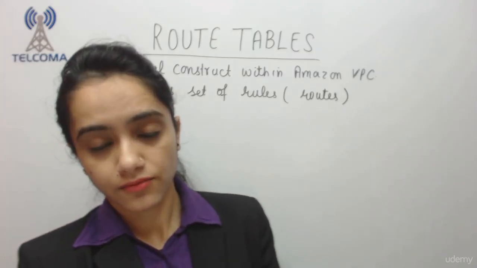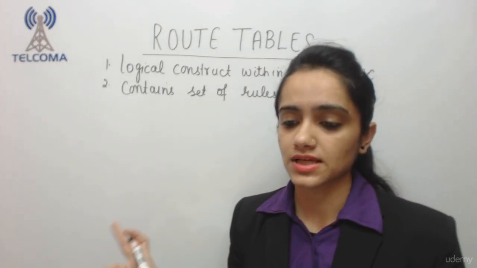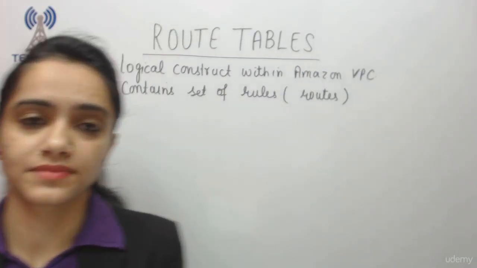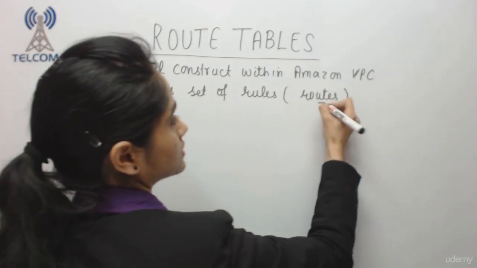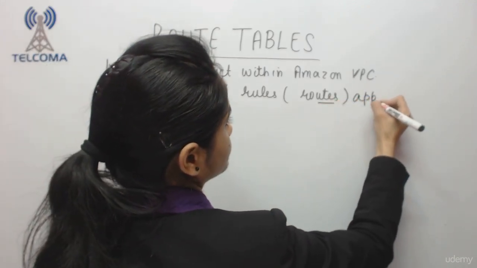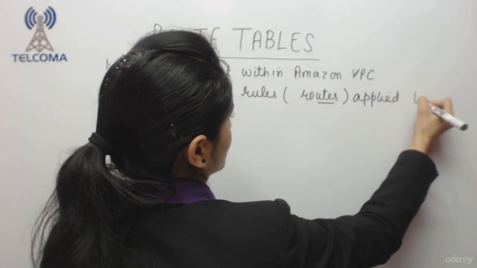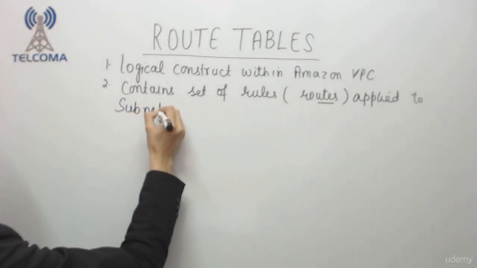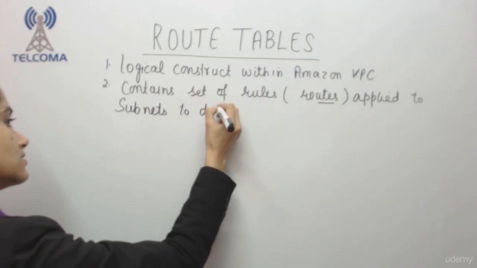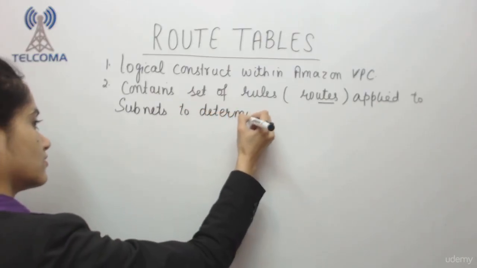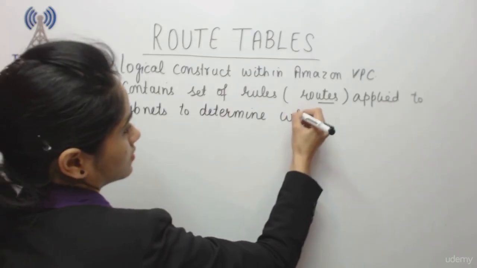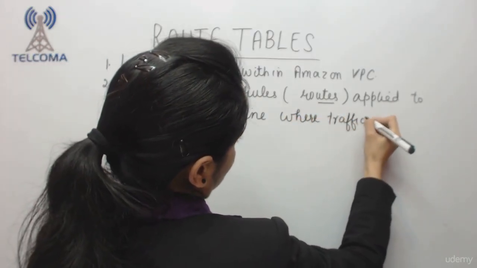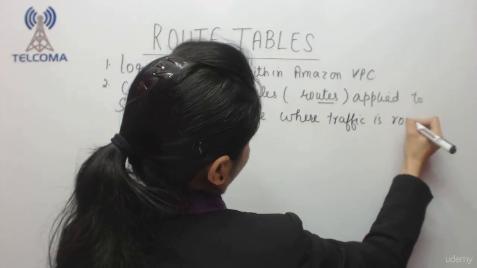Now, why do we call them routes? Because these rules are applied to subnets and determine where traffic is routed.